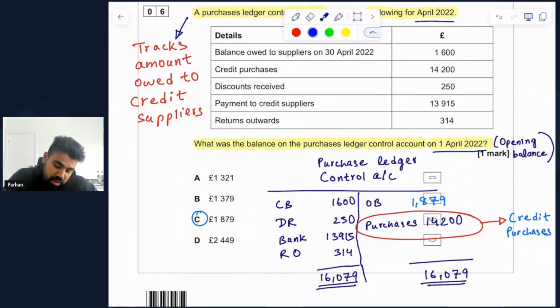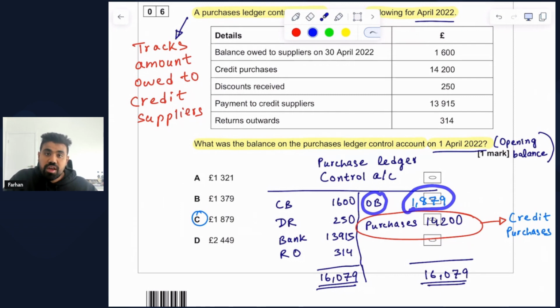So the opening balance, which is also the balance brought down, is on the credit side, £1,879. Now, if you have been following through my previous videos, you would know that I have explained that liabilities should always have an opening balance on the credit side and should therefore always have a closing balance on the debit side.